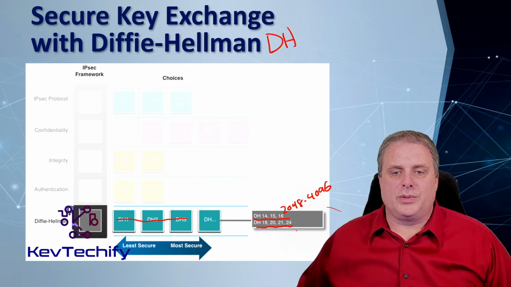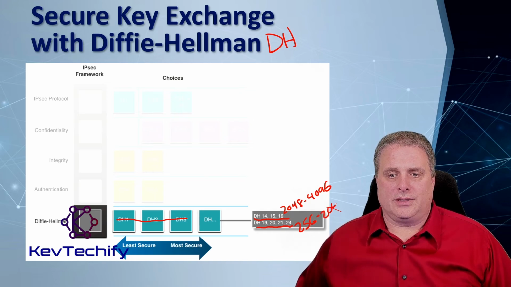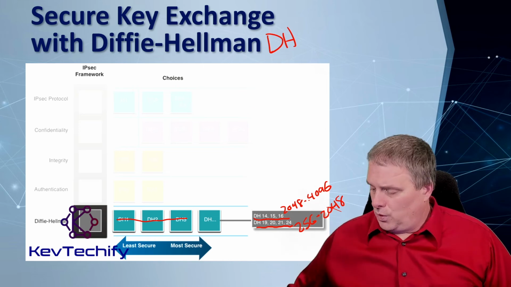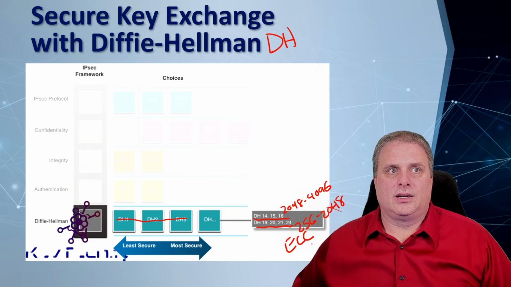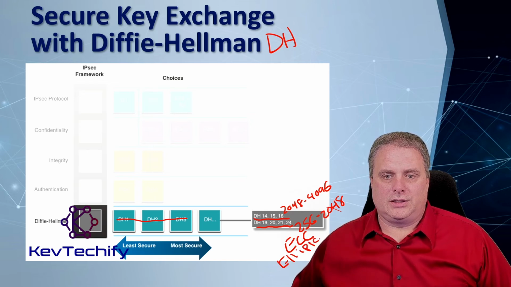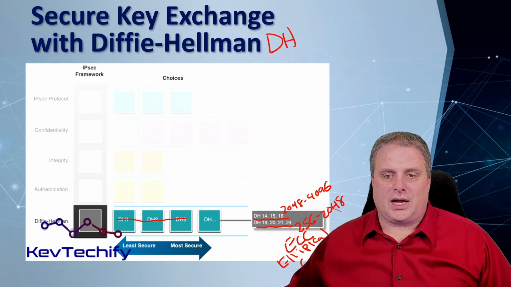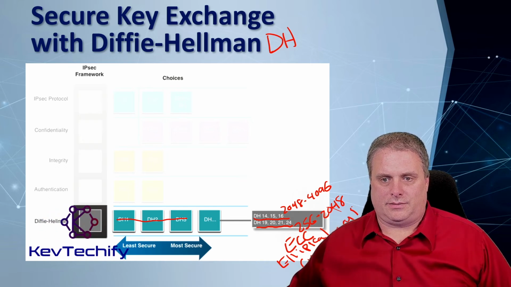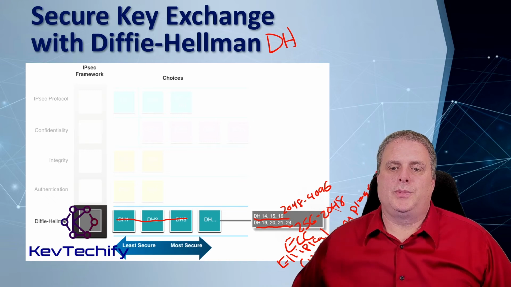They go from 256 up to 2048, but they use what we call the ECC method of encryption, which is elliptical curve cryptography.